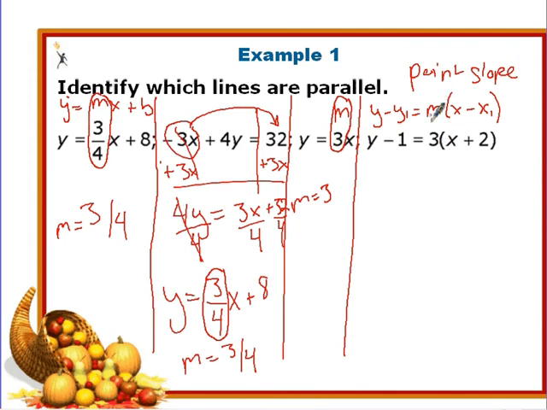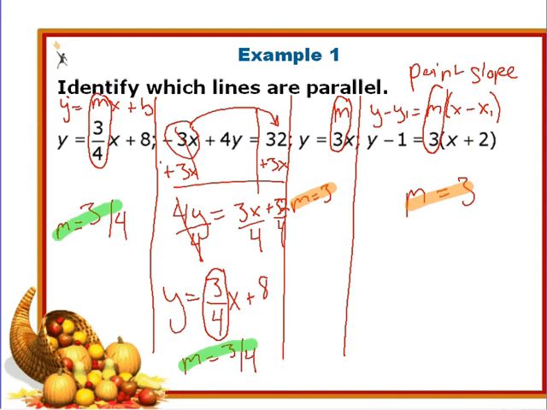The m is the number that's in front of the parentheses, so here m equals 3. Parallel lines have the same slope. These two are 3/4 and 3/4, so those are parallel to each other. And these two have a slope of 3, so those two are parallel to each other.